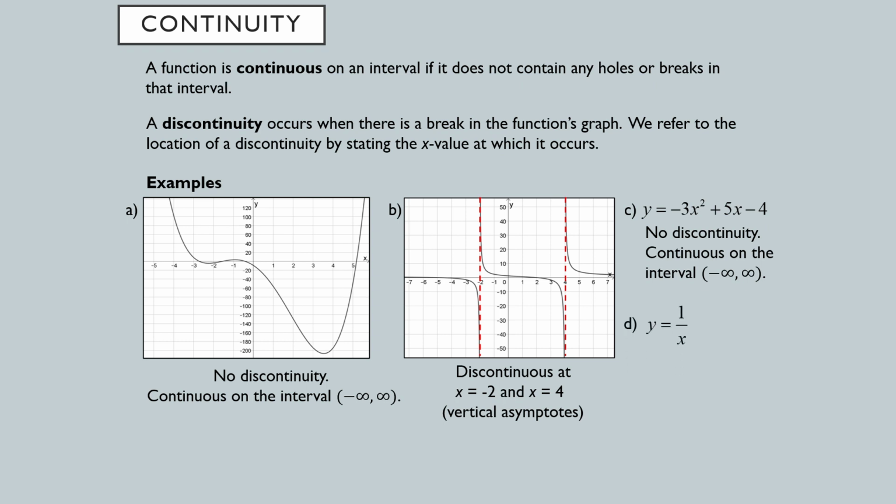What about the function y equals 1 over x? Well, you could draw a graph of this function, and hopefully you'll remember that it has a vertical asymptote that passes through the origin. So it passes through an x value of 0. And that means we have a discontinuity at x equals 0. And the reason for that is because we can't use an x value of 0.